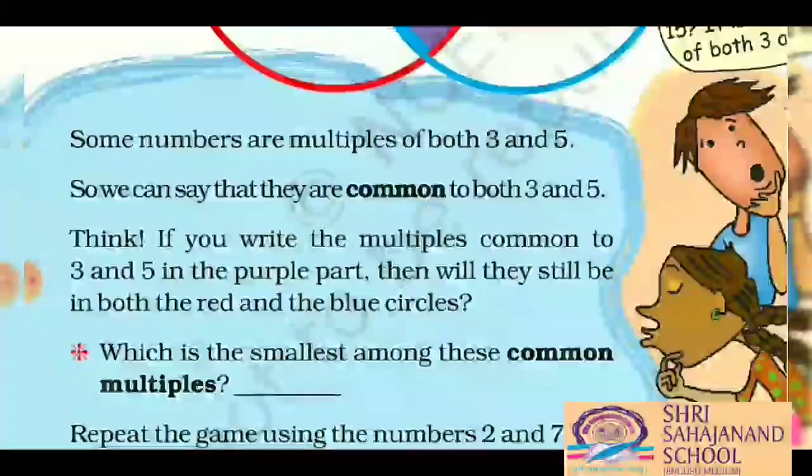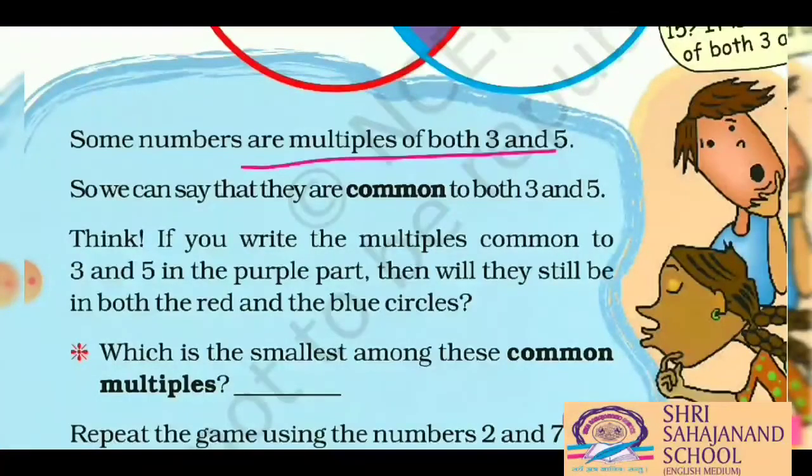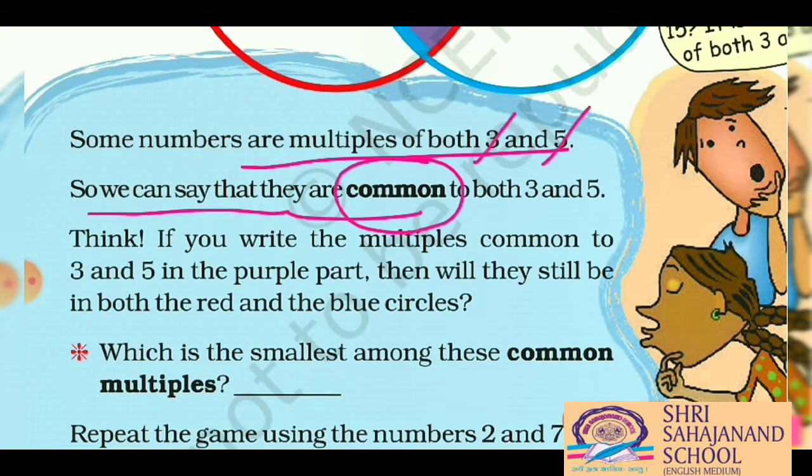Now next, some numbers are multiples of both 3 and 5, so we can say that they are common. Yes, the numbers which are multiples of 3 and also of 5 are known as common multiples. Through an example I have defined this word.